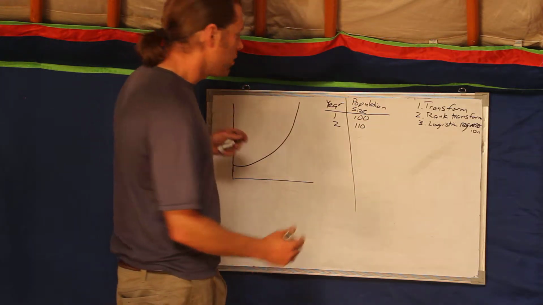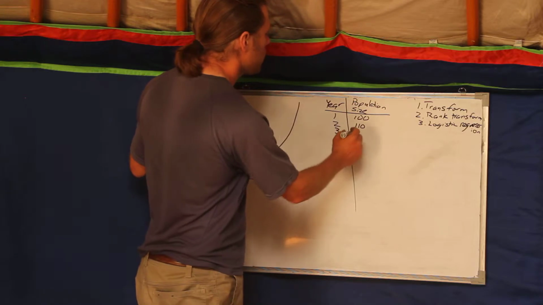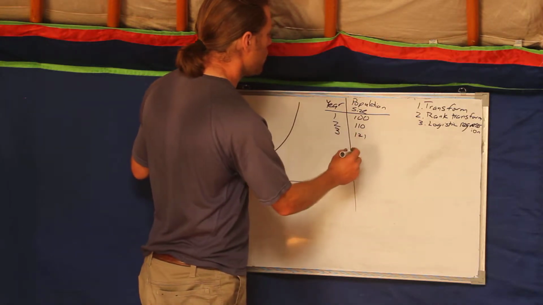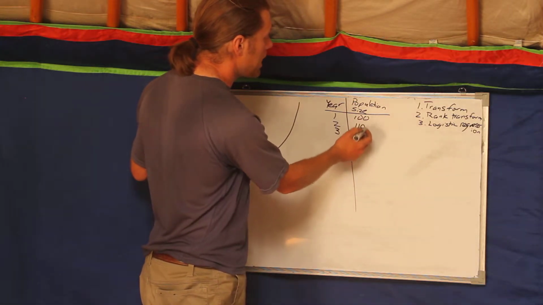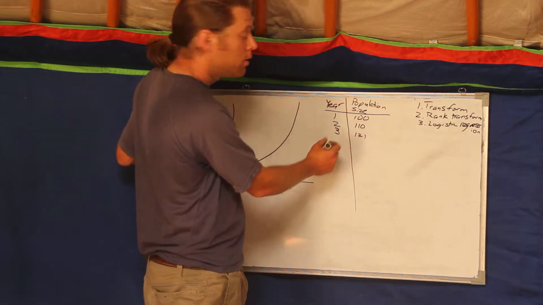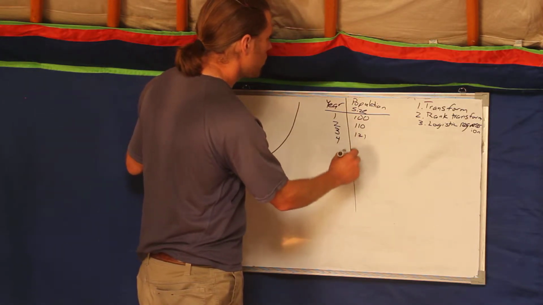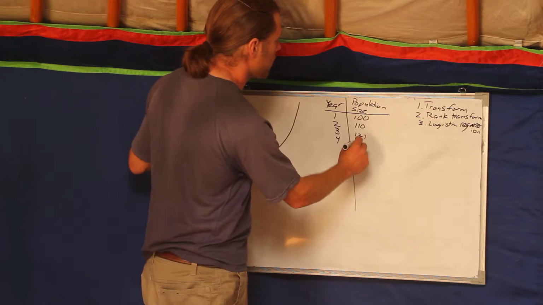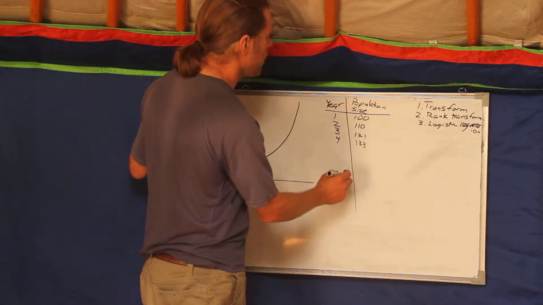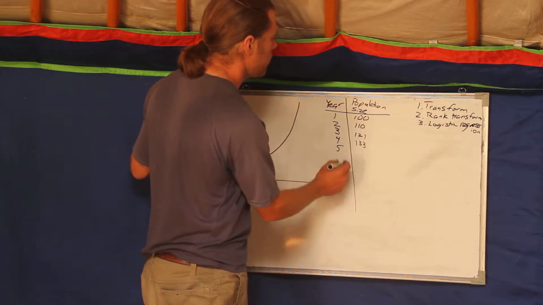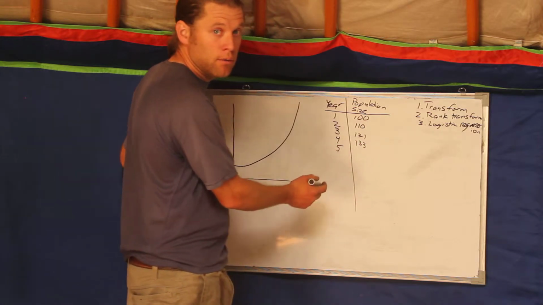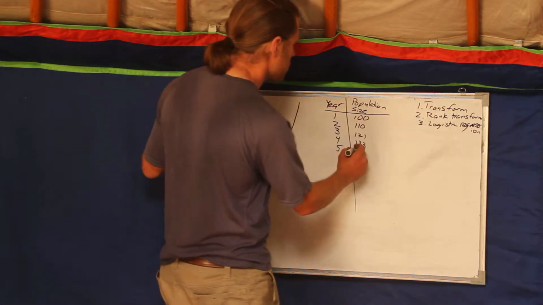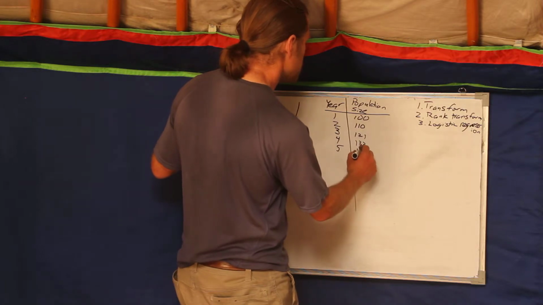That's growing by 10%, right? In year 3, you'll have 121. This one you grew by 10, now you grew by 11. In year 4, you're going to grow by about 12, so now you're going to have 133. In year 5, now you're growing by 13, 10% of 133, so you're going to have 146.